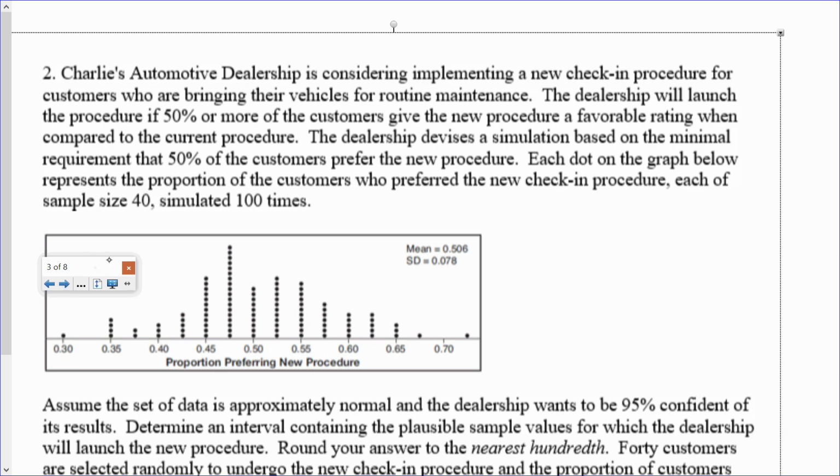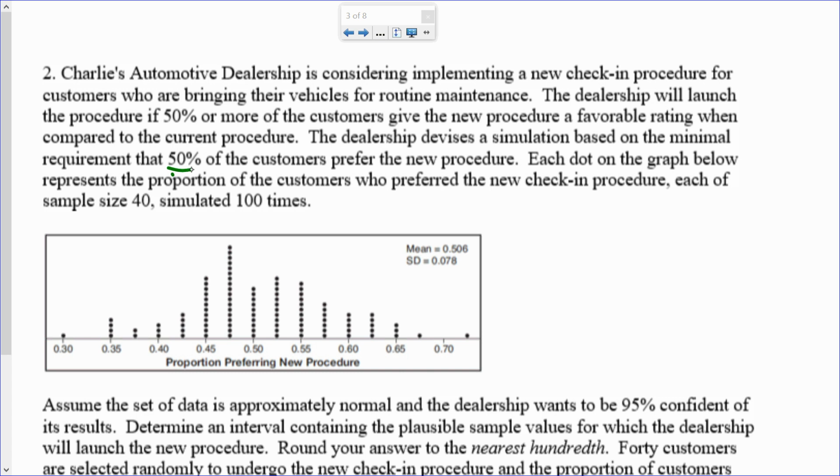Charlie's Automotive dealership is considering implementing a new check-in procedure for customers who are bringing their vehicles for routine maintenance. The dealership will launch the procedure if 50% or more of the customers give the new procedure a favorable rating when compared to the current procedure. The dealer devises a simulation based on the minimal requirement that 50% of the customers prefer the new procedure.